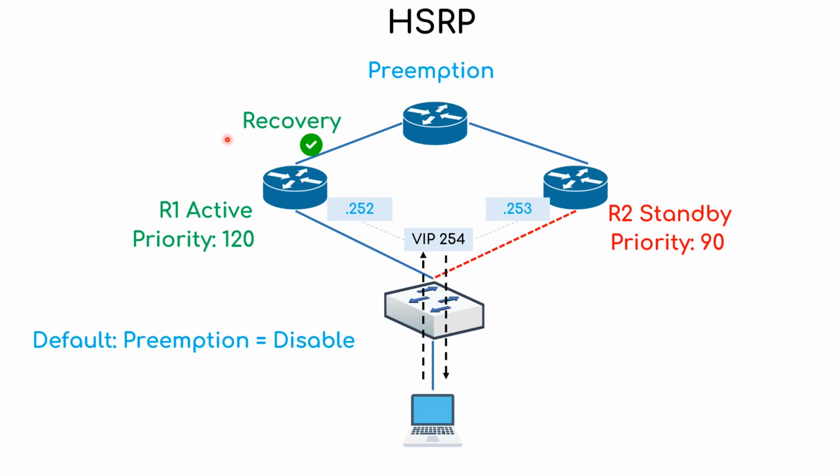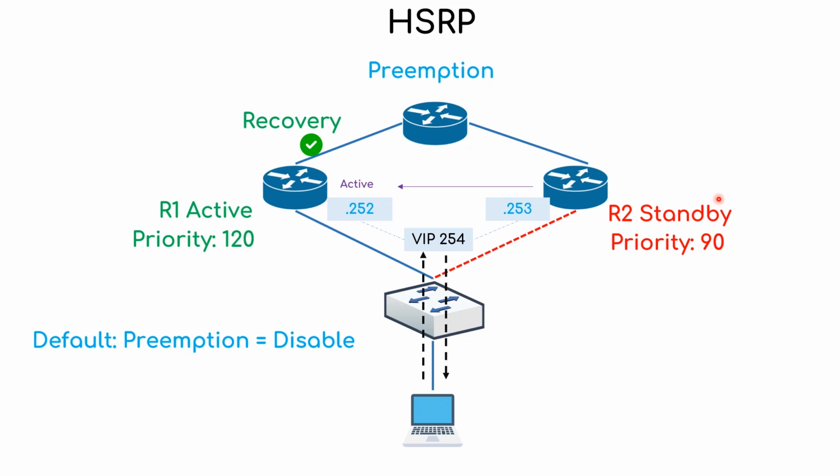It means no election happens. If I enable preemption on the active and standby routers, when a failure happens and router 1 becomes available again, router 1 will take the active role back from the standby router.